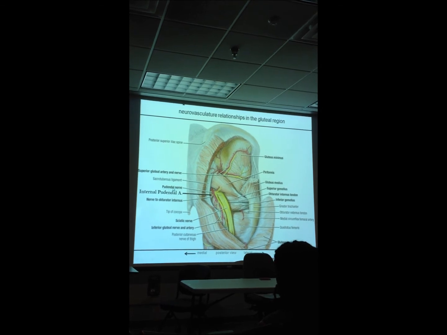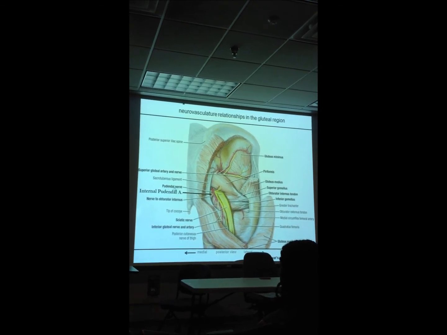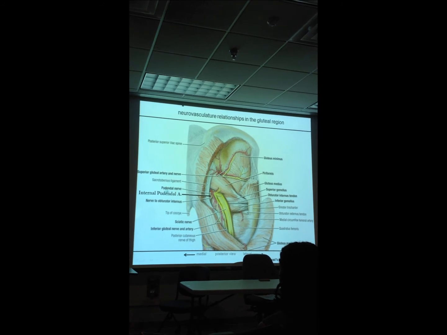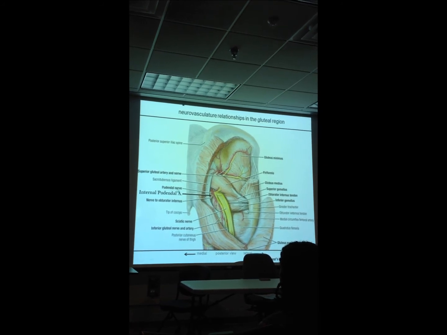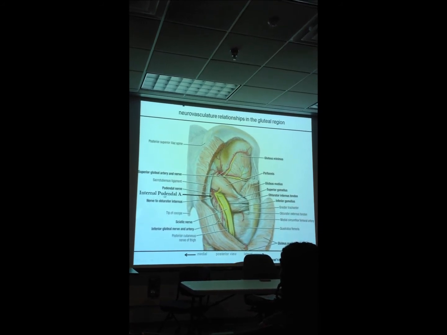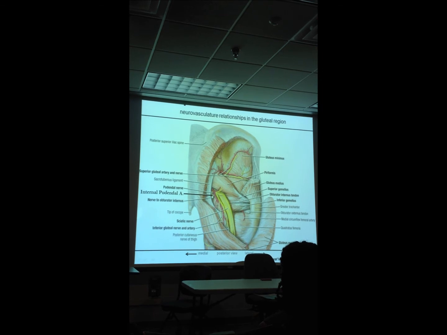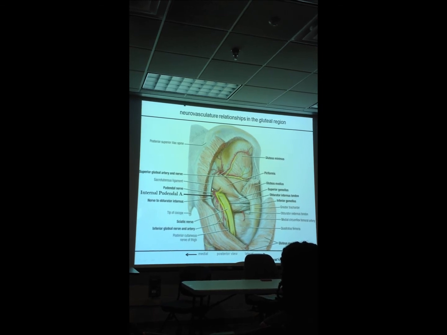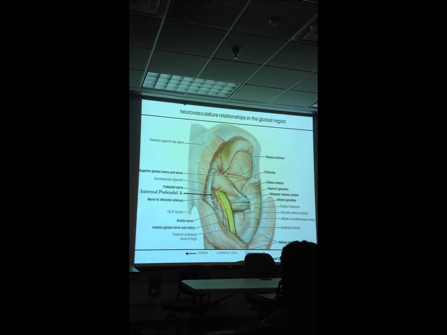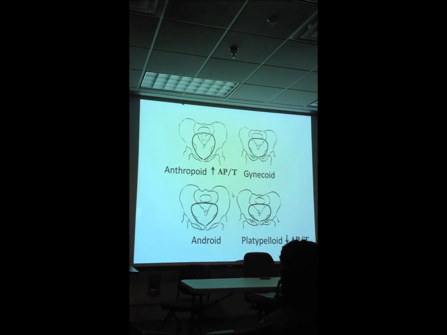There's no internal pudendal nerve, despite what one of our diagrams was labeled. It's just the plain old pudendal nerve, because there is no other. But this is the internal pudendal artery, because there is an external pudendal artery on the front of the body. So it's the internal pudendal artery that's between these two nerves, passing out of the greater sciatic foramen, passing back in through the lesser sciatic foramen.